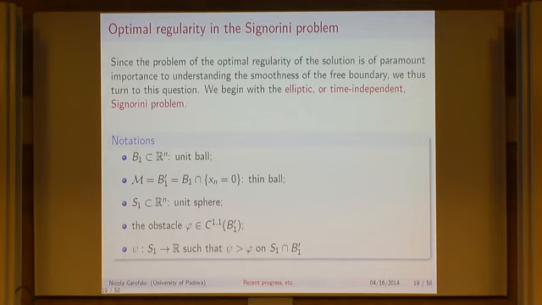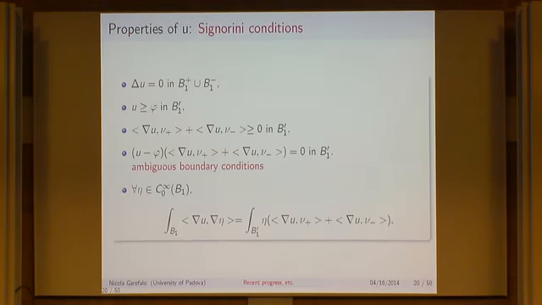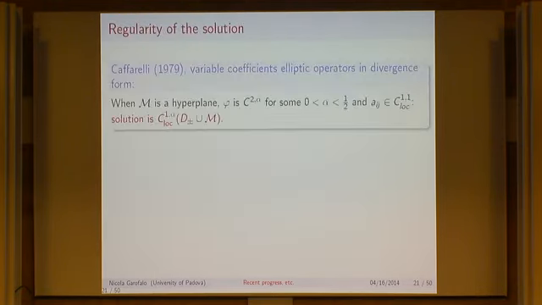Then we have the boundary datum. Here are the properties of the solution u, and again, here are the Signorini conditions, as you see. This has to be satisfied on the thin manifold B_1'. And then there is also this condition, which is the validity of the Signorini conditions in the weak sense. This is all you can work with.